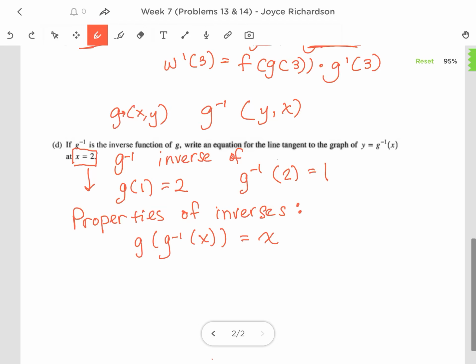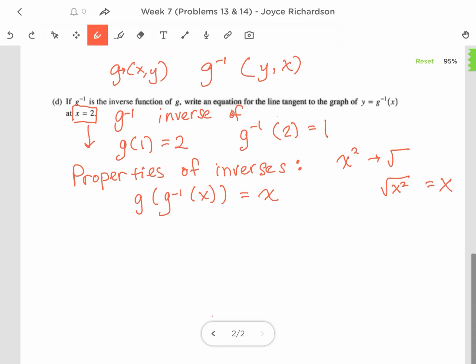Why does that happen? Because inverses are basically undoing the operation. So think about x squared, its inverse is the square root. If I do the square root of x squared, I get x because one operation squares it and the other one undoes it. Now, why do I need this?